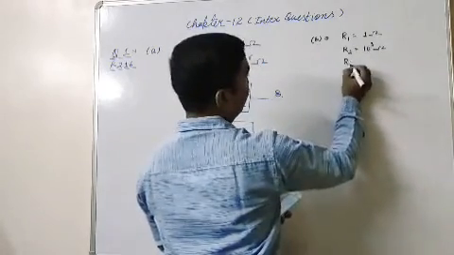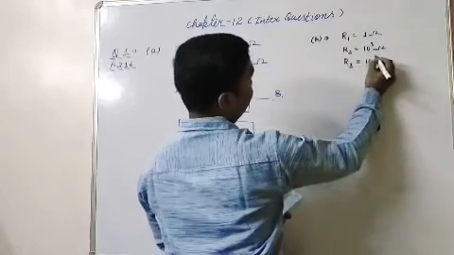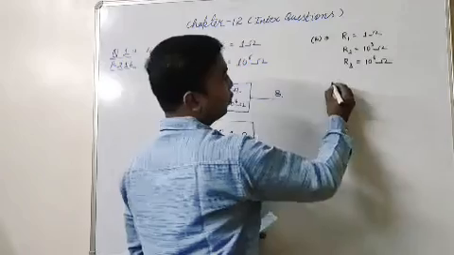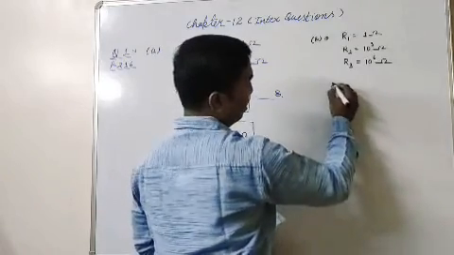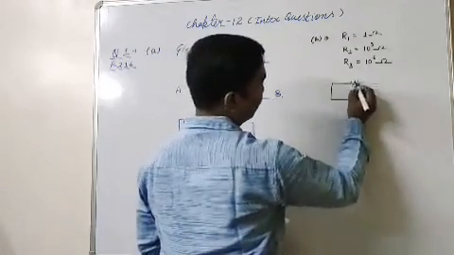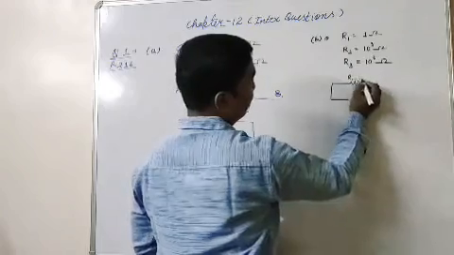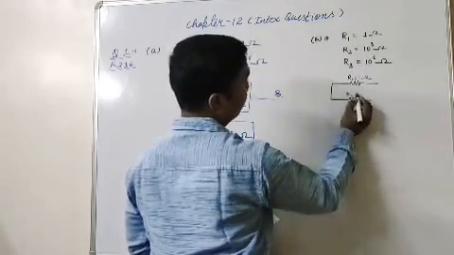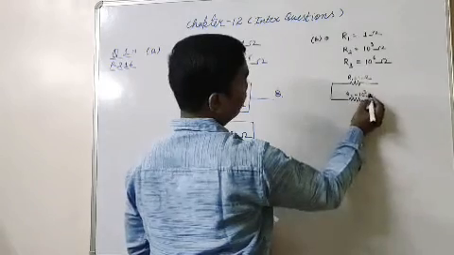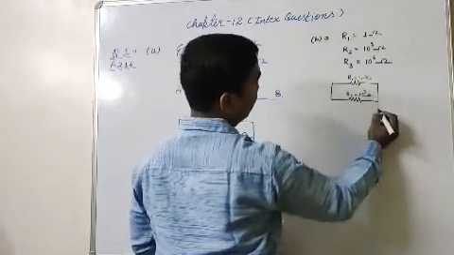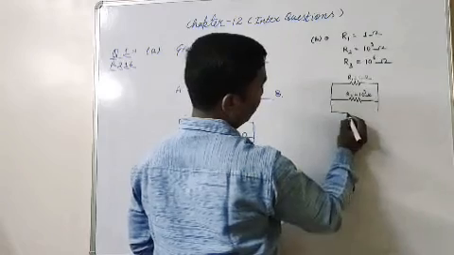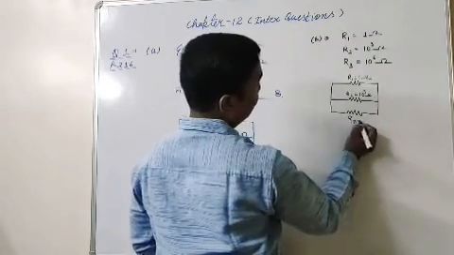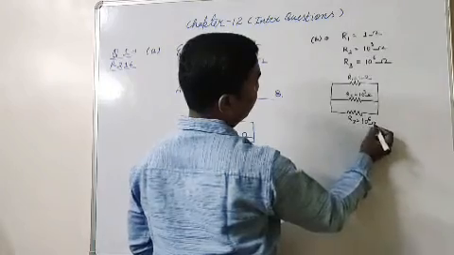And R3 is equal to 10 to the power 6 ohm. Now among the 3 resistors, if you make a combination, this is R1, that is 1 ohm, this is R2, 10 to the power 3 ohm, and this is R3, 10 to the power 6 ohm.